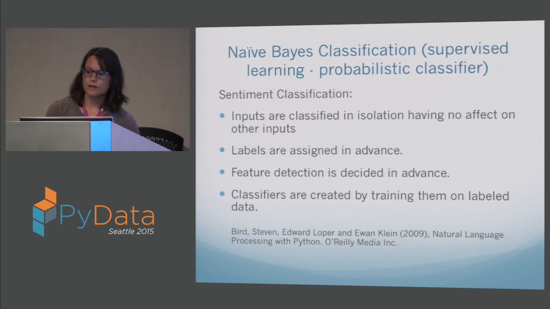And classifiers are created by training them on labeled data. So again, the natural language processing kit contains a Naïve Bayes classifier to classify data based on trained data. It's just, again, super easy. All these tools are really easy to use once you figure out what you're supposed to be doing in the first place.